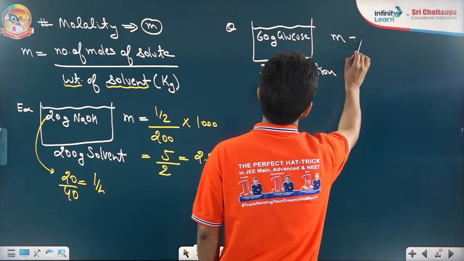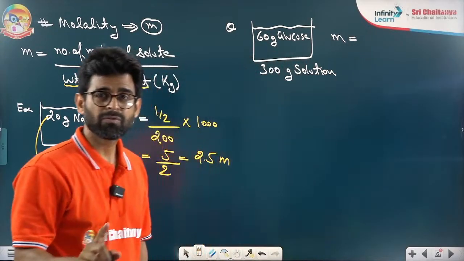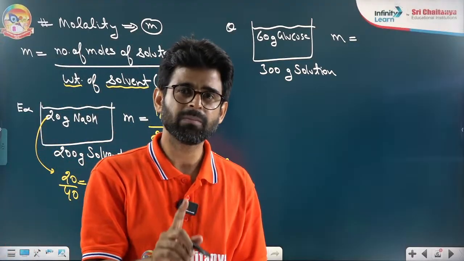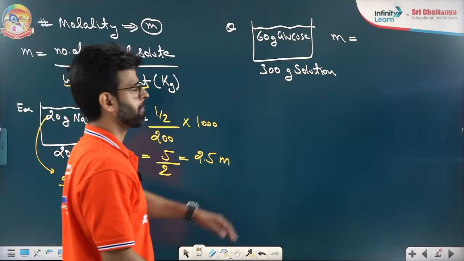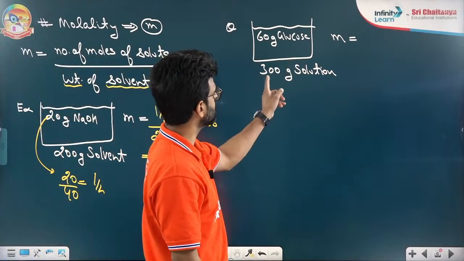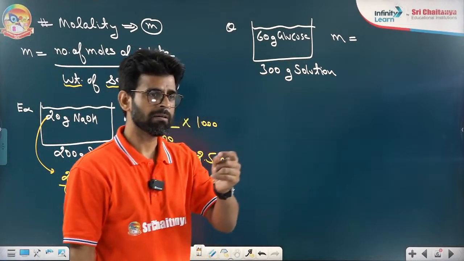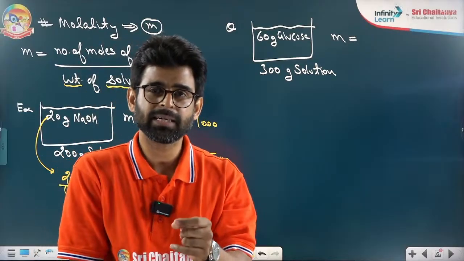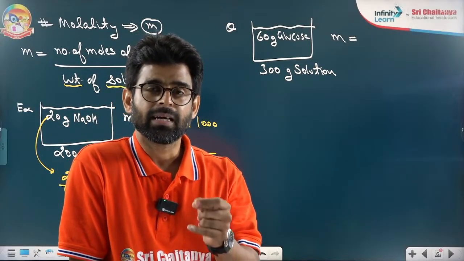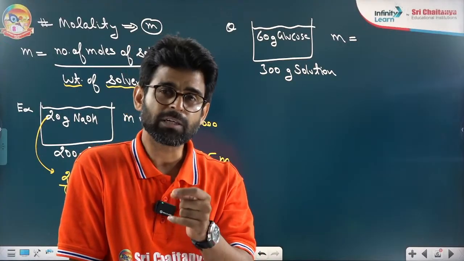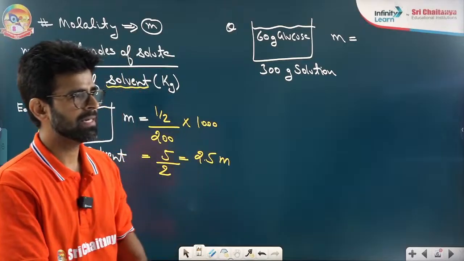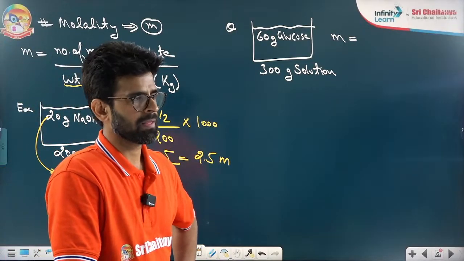Find molality of solution. Be careful, 300 gram is the weight of solution. I am mentioning very clearly, this is weight of solute, it is a weight of solution. You have to take care. You are taking the weight of solvent in molality. You will not take the weight of solution. Okay? So please give me answer.